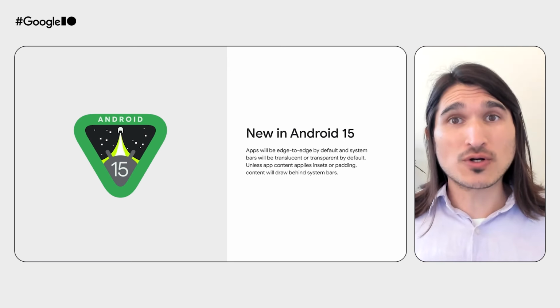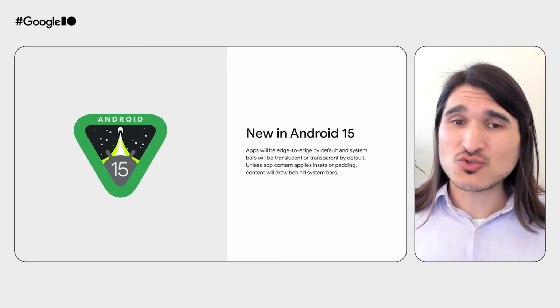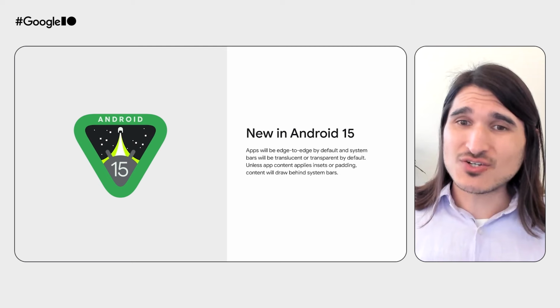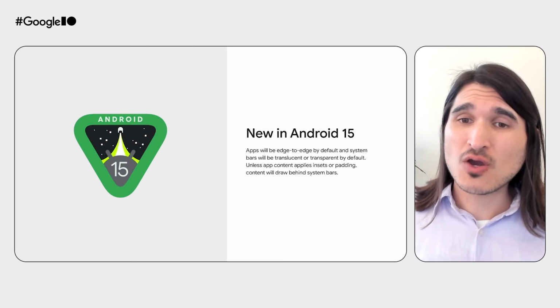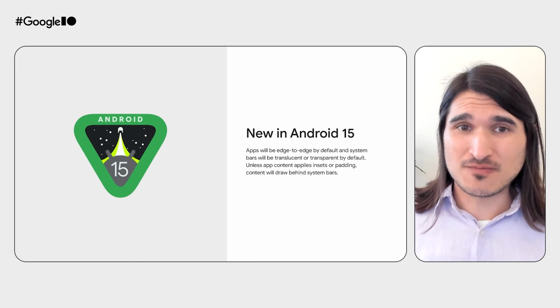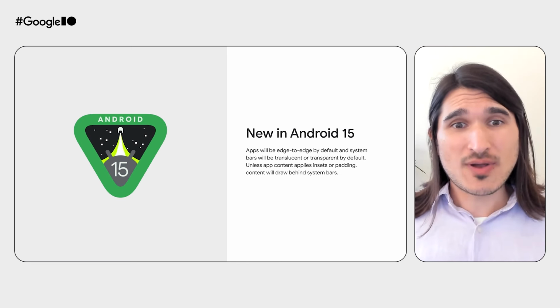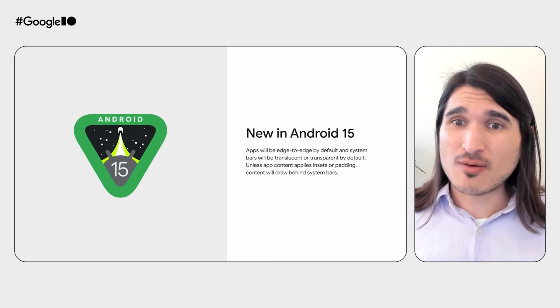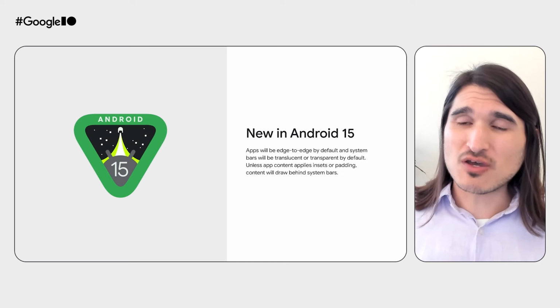First, some important news. Starting in Android 15, your app will be edge-to-edge by default, and the system bars will be translucent or transparent by default. You can learn more about this change in the I/O workshop, Improve the User Experience of Your Android App.